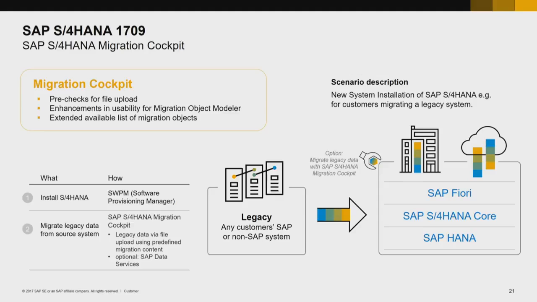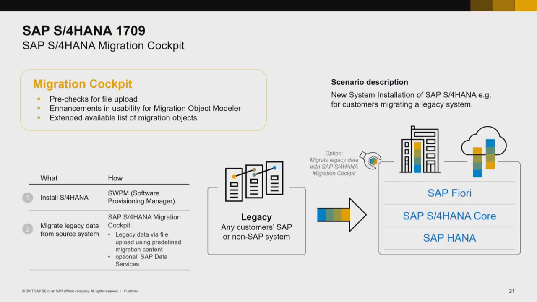The focus is to help customers in their migration process with a new system implementation. The tool is based on SAP's proven migration technologies and is available for the cloud as well as for on-premise. The S/4HANA Migration Cockpit is available in the app Manage Your Solution that you will find in the application.